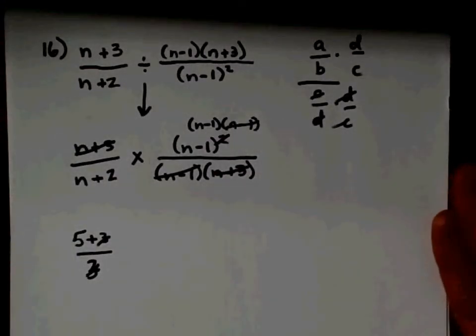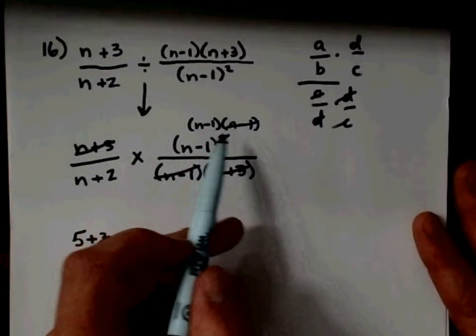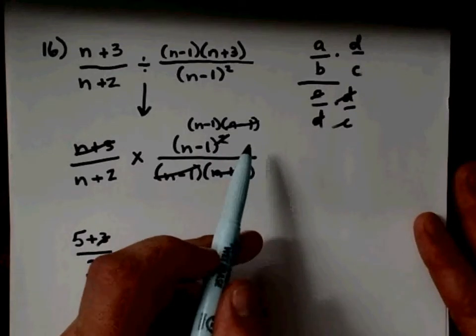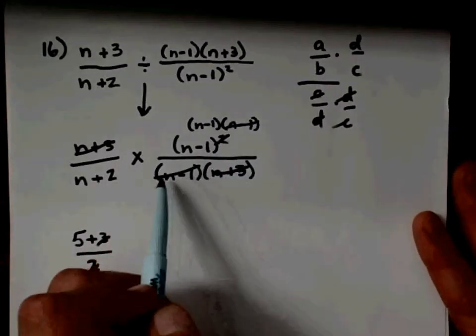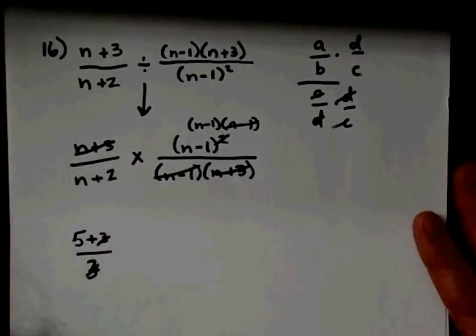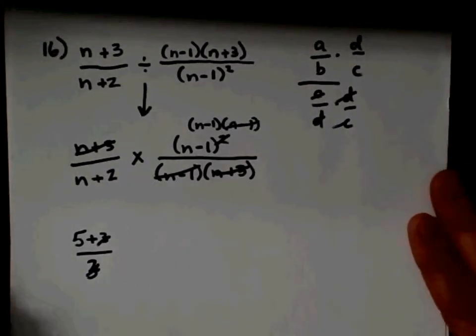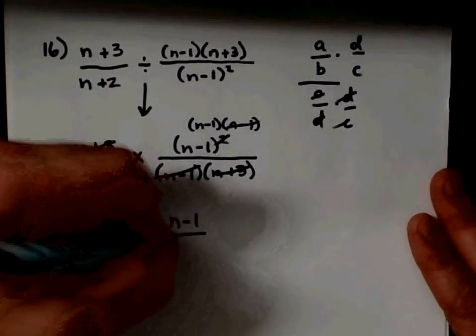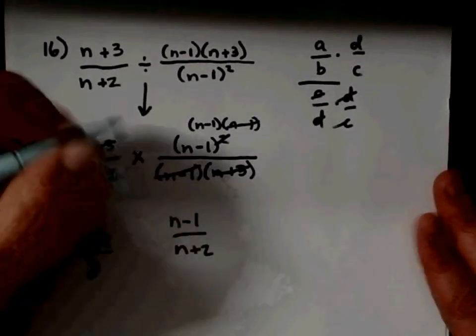If I cancel the square, I know there's one left. Now I can expand it and write it like this anytime I want, if you need to see what you're actually canceling, but I canceled one of the 2's, which means I'm left with one still there. And so what am I left with that's going to be my answer? N minus 1 over n plus 2.